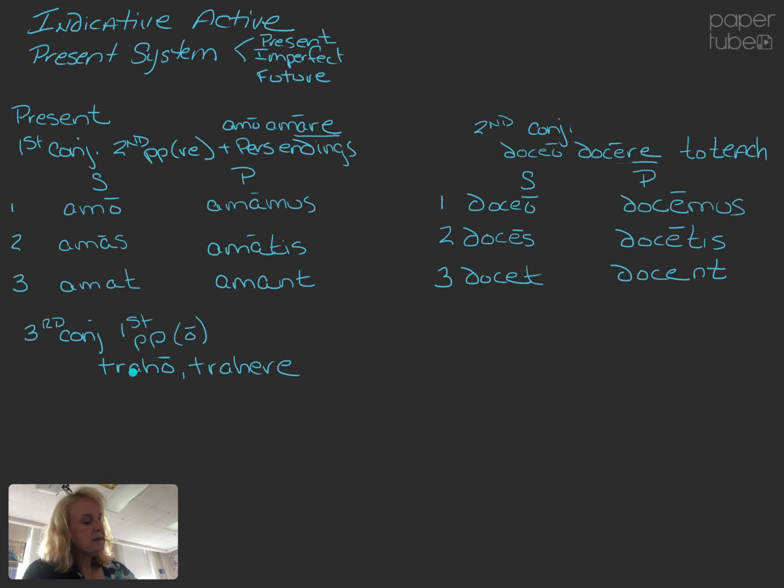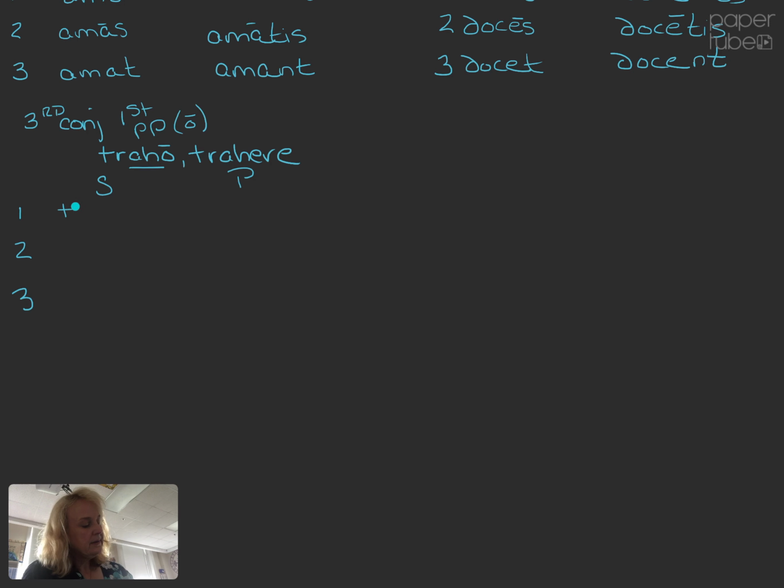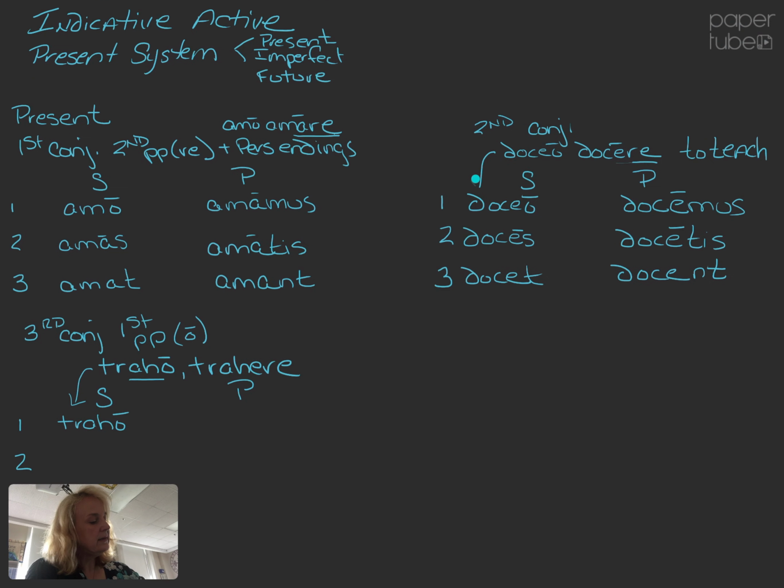I'm going to use this principal part, and I'm going to take that O off. Again, I'm going to have singular, plural, first, second, and third. Traho comes down just like it did here, and there. Traho. Now for all the rest, remember I'm just cutting off that O.